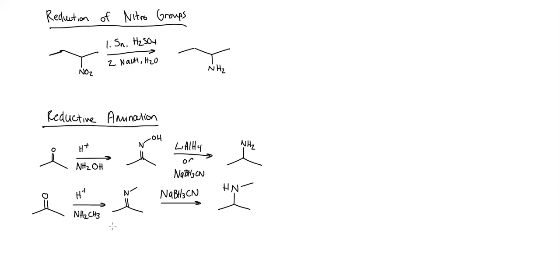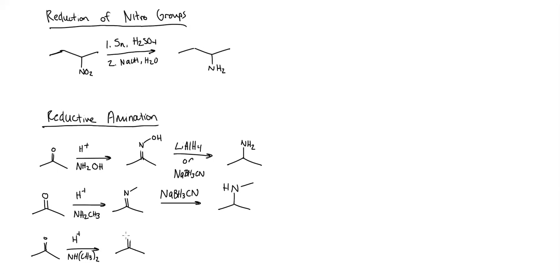Finally, I can also make a tertiary amine. All right, so if I take this same thing, and again I have H plus, but I add NH with two methyl groups on it, right? I'm still going to make an imine, except it's an iminium salt now, okay?